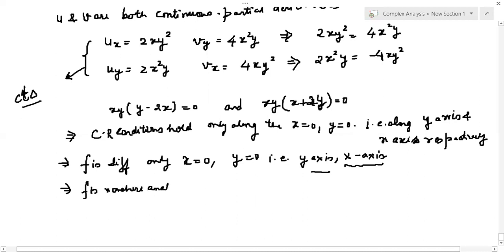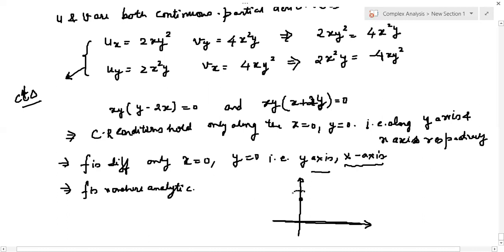Why? For a function to be analytic at a point, the first thing is the function must be differentiable at that point. Not only this, it must be differentiable in a neighborhood containing that point. I know my function is only differentiable on the x-axis and y-axis. Now let's say I take a point here on the y-axis.